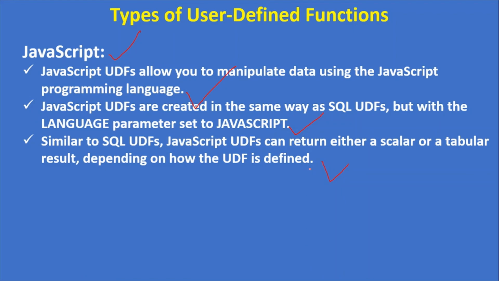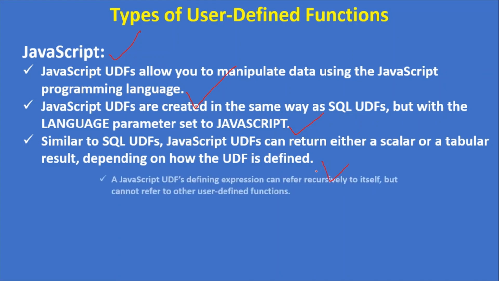Table results are like how you retrieve data from a table. In a similar way, you retrieve from the table function with the keyword TABLE, and inside parentheses you specify your user defined table function, along with input parameters, whereas a normal table you cannot do that. That is the difference between scalar and tabular functions.